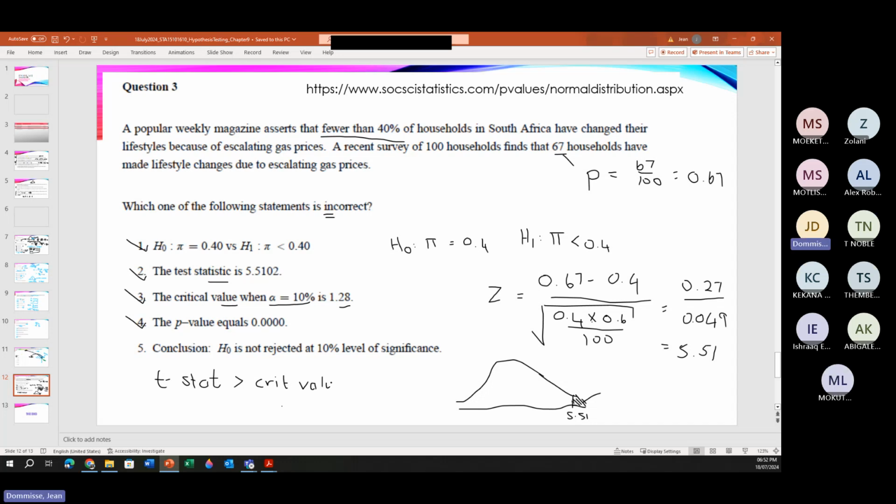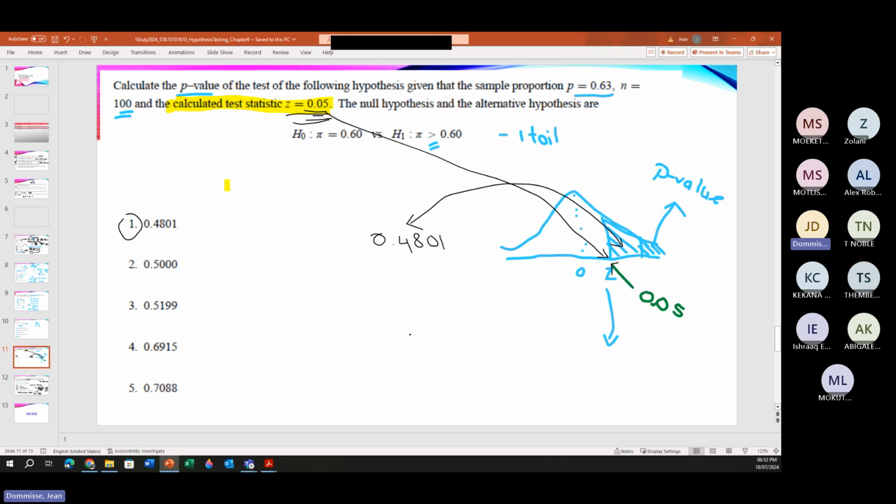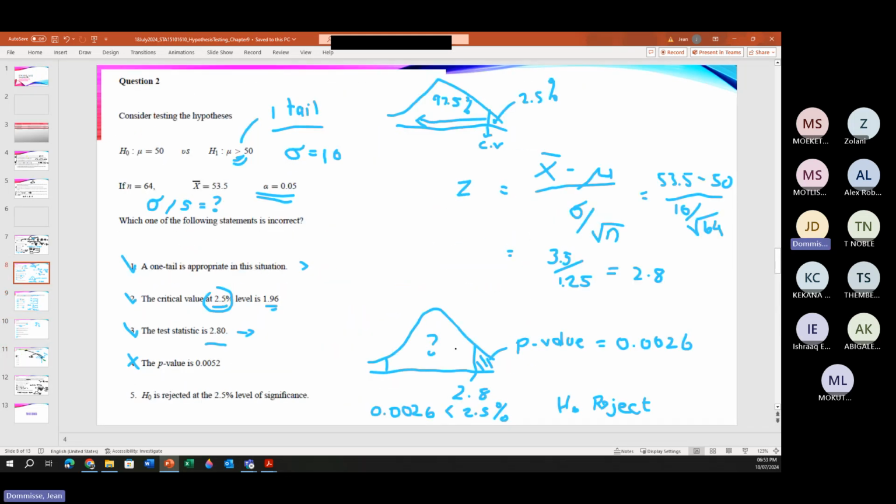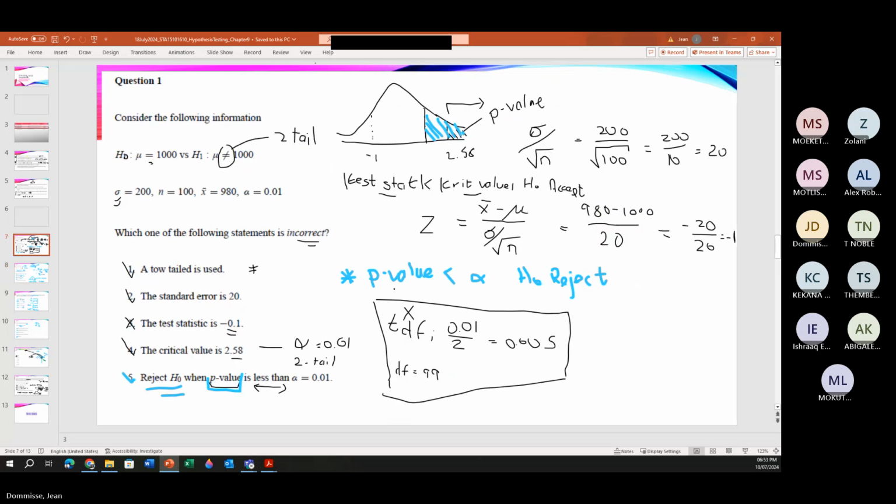When your T-stat is bigger than your critical value, we reject the null hypothesis. So remember, T-stat bigger than critical value, we reject it, like we said in some of these. Where was it? We did it the other way around.